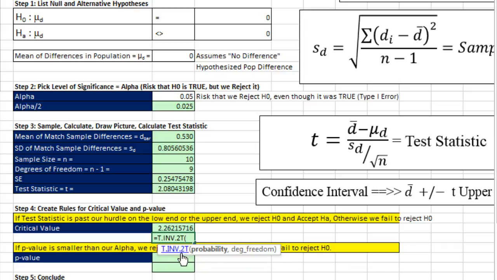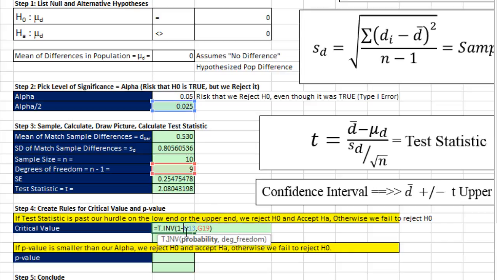The probability, we actually give it the whole probability alpha, and the reason why is because this function knows it's a two-tail, so internally it divides by 2, comma, and then the degrees of freedom, we calculated it right there. So it is a little bit easier, but we've been using the other method so often that in some ways that one seems easier. But there it is. It'll give you the exact same thing. Obviously, if you want to double check, I love having multiple ways to do it.